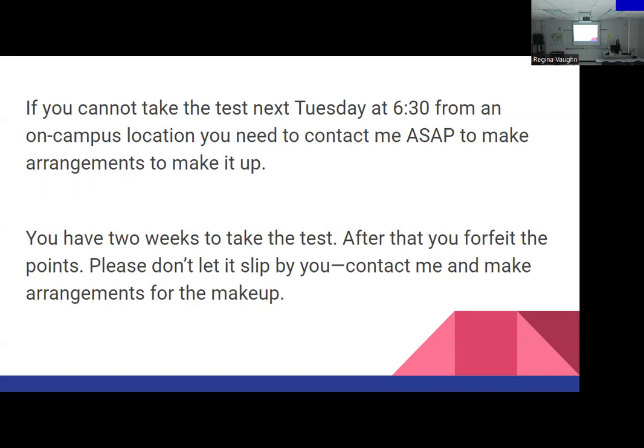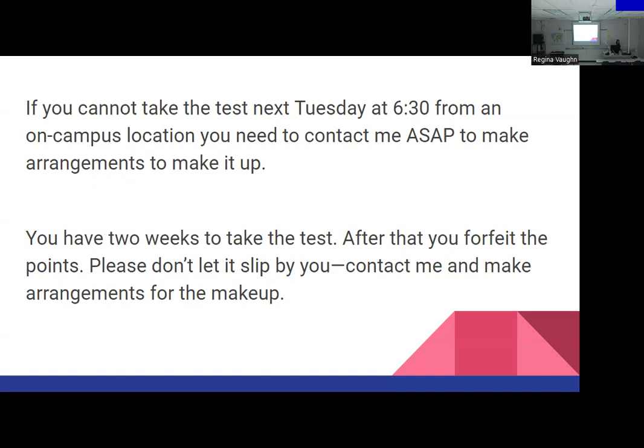You have 2 weeks to take the test, and after that you forfeit the points. So don't sleep on it, don't let it slip by you. We only meet once a week. So if you need to do it on a Tuesday, you only have 2 Tuesdays to get that done, and we're gonna move on in the meantime. So you don't wanna wait too long and let this stuff kind of get pushed to the back of your brain before you try to take this vocab test, because we're gonna move on.